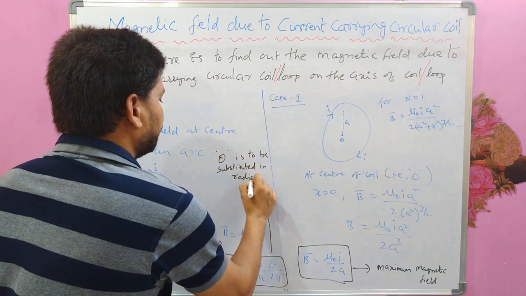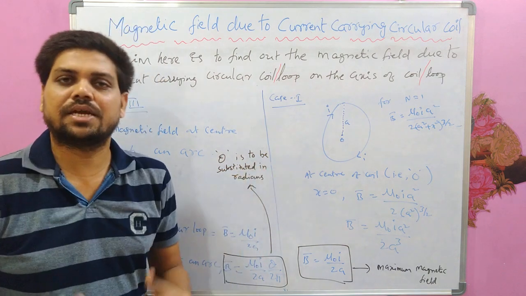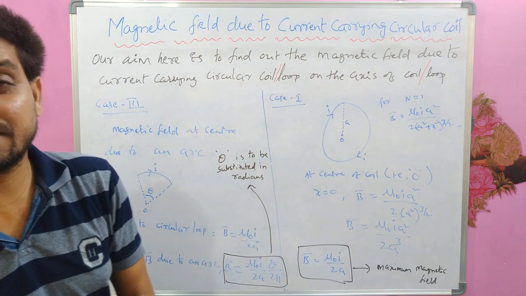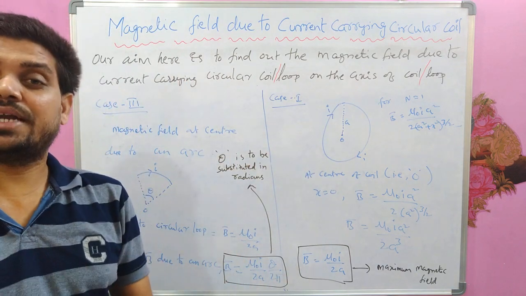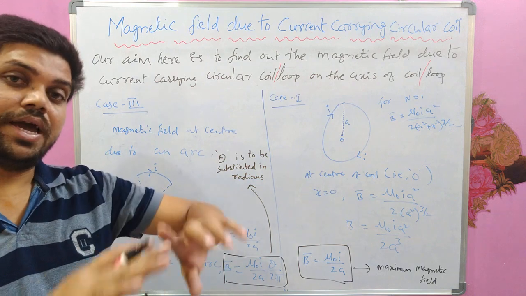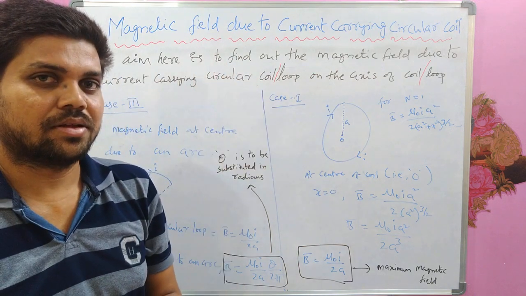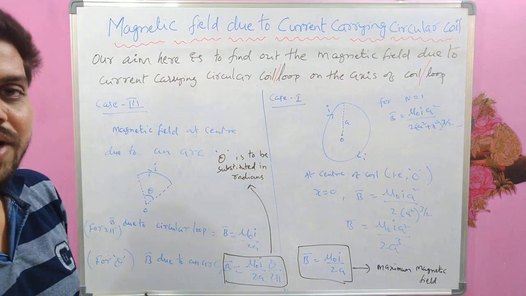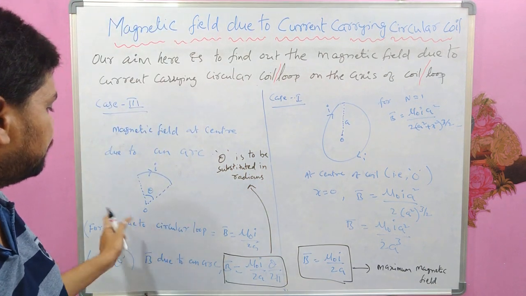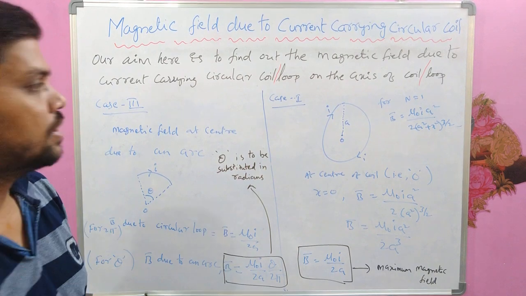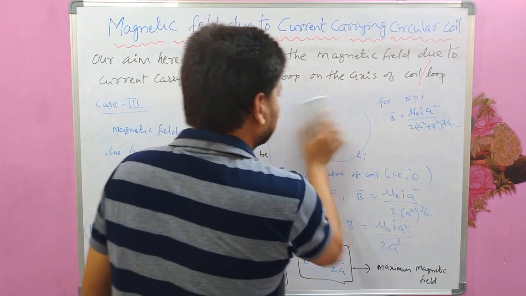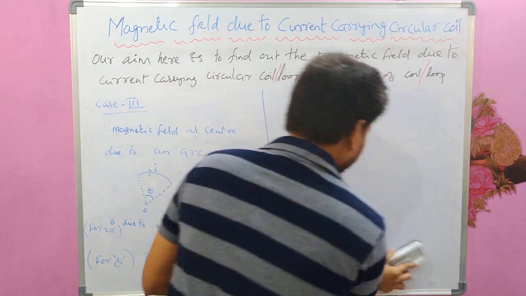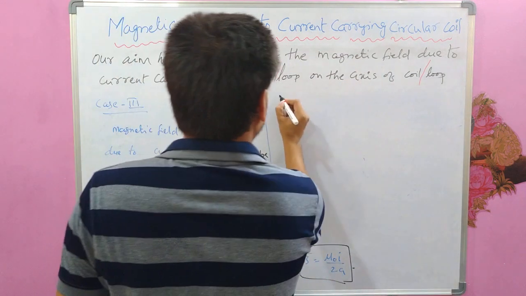This is a very important formula. So in the examination they will ask you what is the magnetic field at the center due to an arc, what is the magnetic field at the center due to a semicircle also. We have not seen that yet. For example, if I want to find out the magnetic field at the center due to a semicircle, then it is going to be case 4. Let me see that. So case 4.